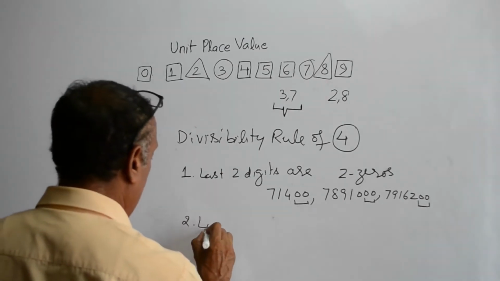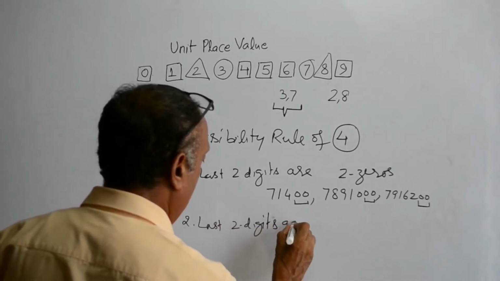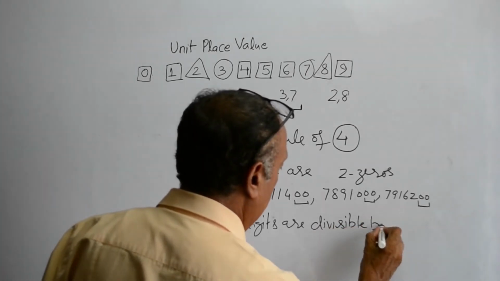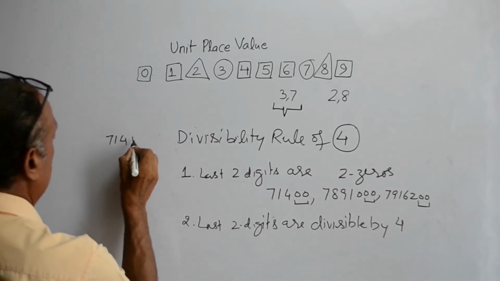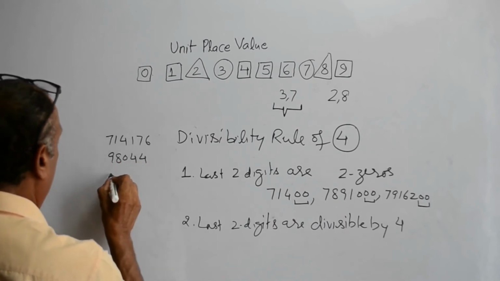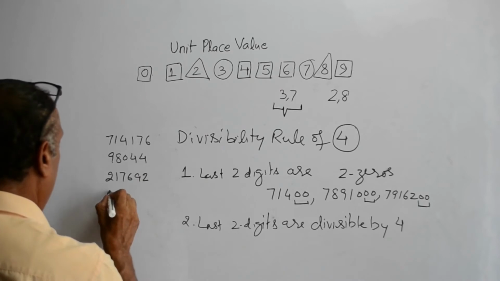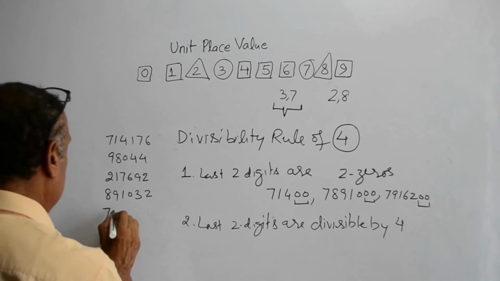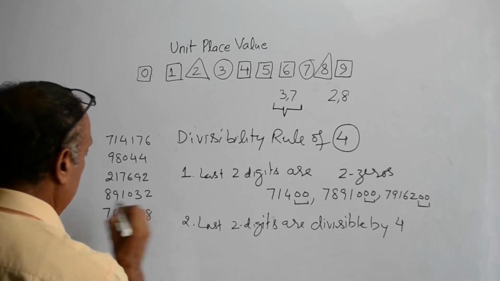Second, a number is divisible by 4 if its last two digits are divisible by 4. For example, 7142, 176, 92889, 0327, 68758.